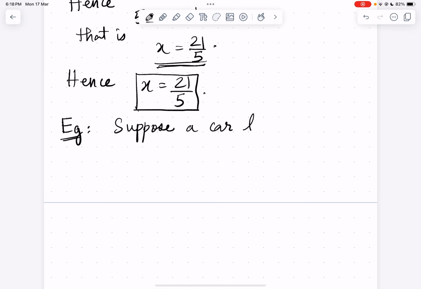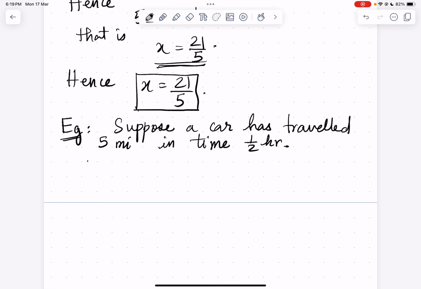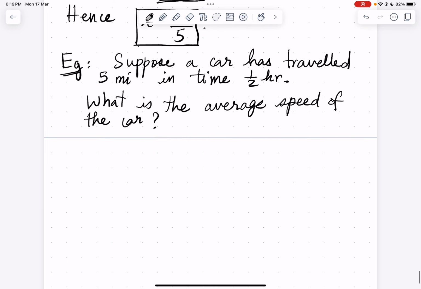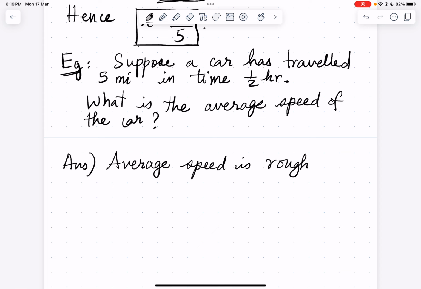Suppose a car has traveled 5 miles in time half an hour. What is the average speed of the car? So we see that average speed is roughly distance traveled per unit time, right?